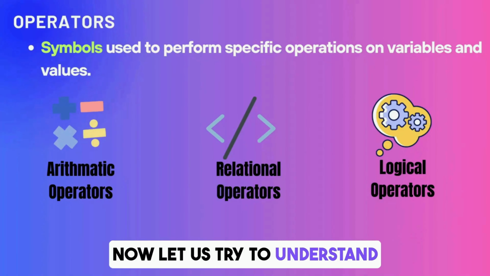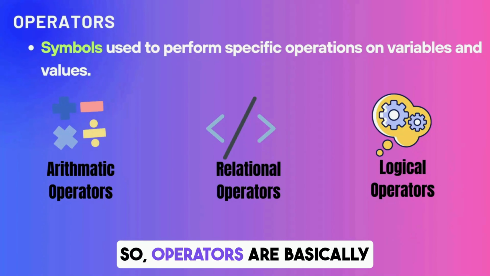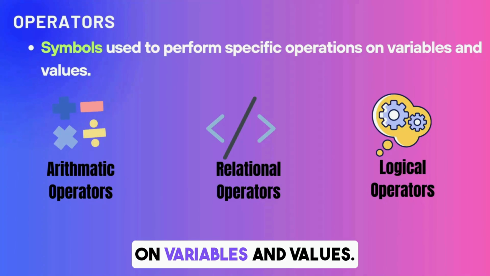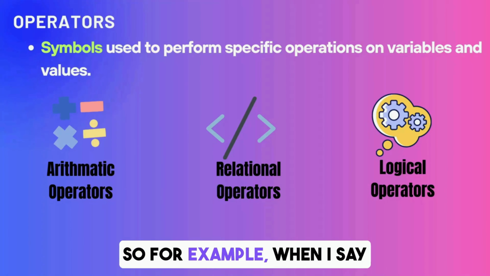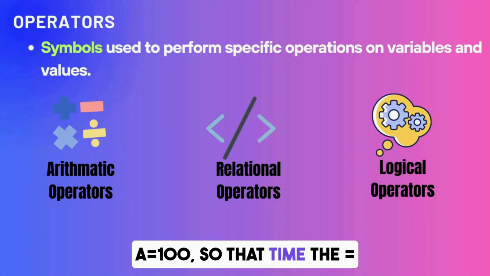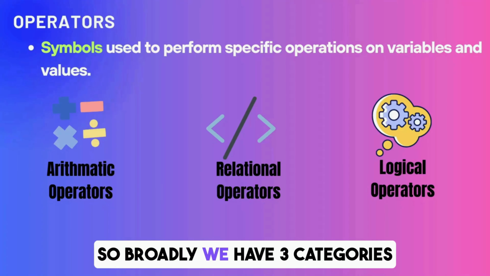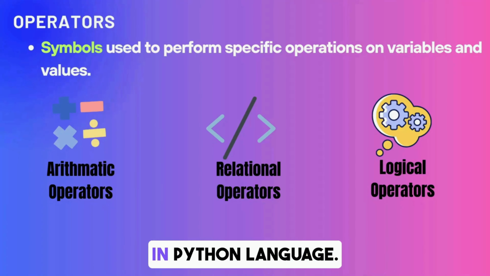Now let us try to understand operators in Python. So operators are basically the symbols that are used to perform any specific operations on variables and values. So for example, when I say a equals 100, so that time the equal to is also one operator. So broadly, we have three categories of operators that are available in Python language.